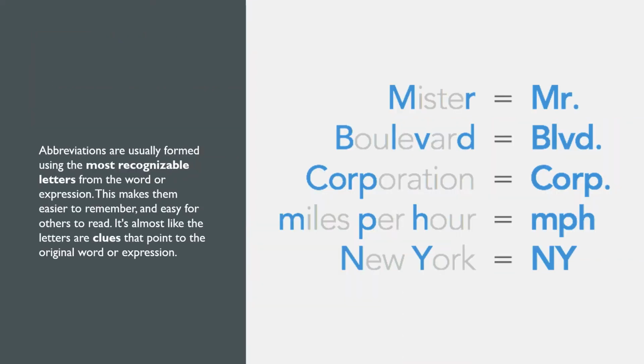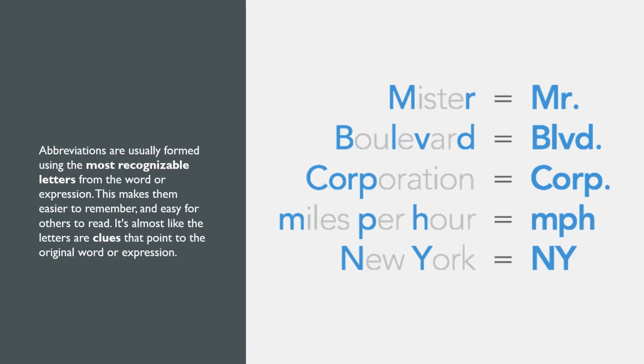Let's look at some specific examples of these shortened words. Now, what we find as we look at them is that the abbreviations are usually formed using the most recognizable letters from the word. So for Mr., the M and the R are used.